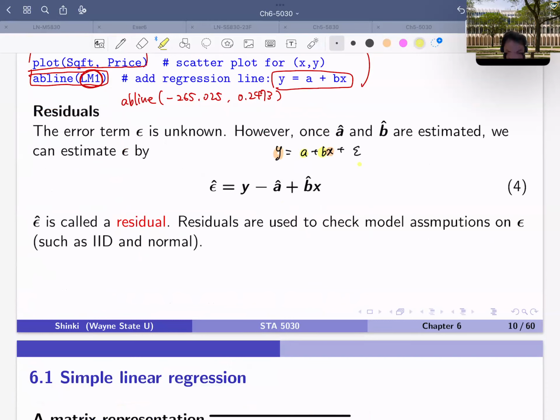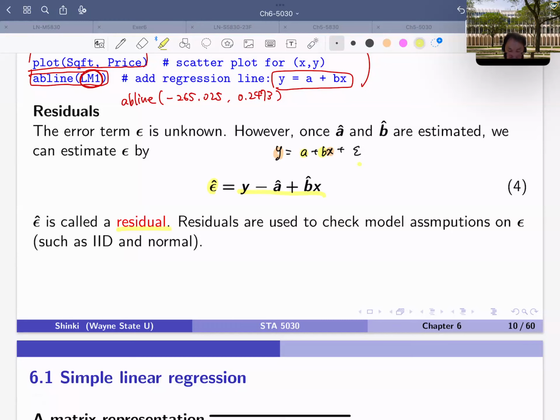More precisely, y minus (a hat plus b hat times x). So a hat and b hat are just estimates for a and b, and we can approximate epsilon by this quantity. We call this epsilon hat, and this is called a residual. So epsilon is an error, and epsilon hat is called a residual.